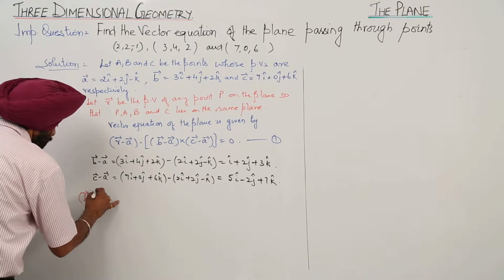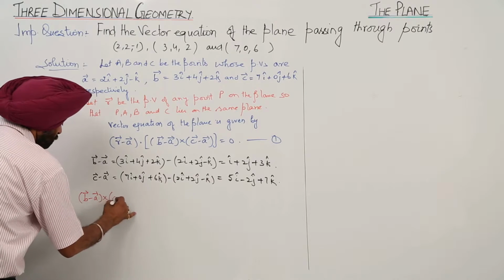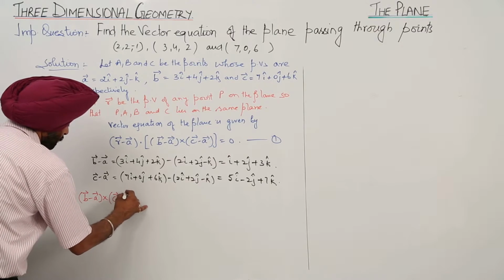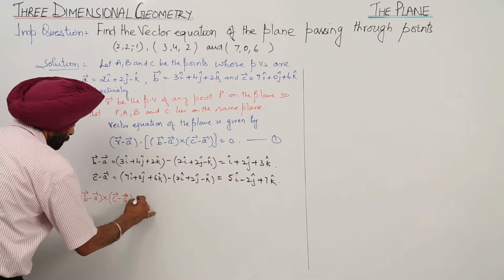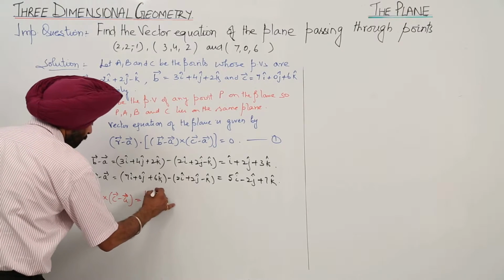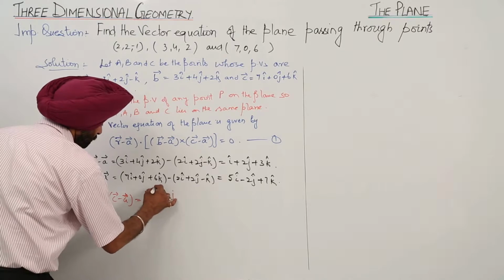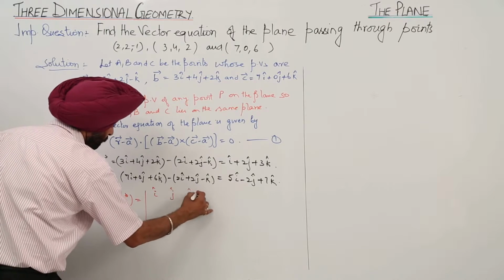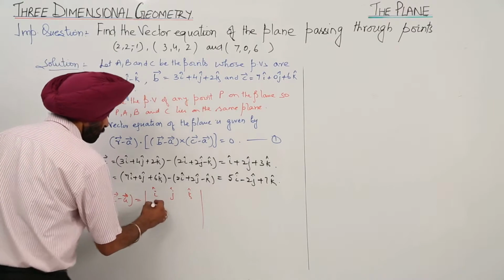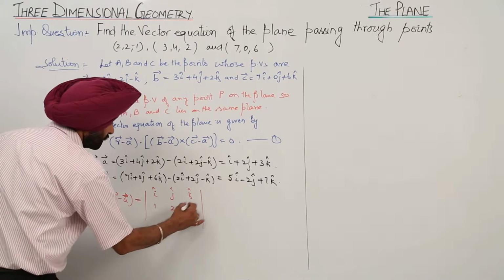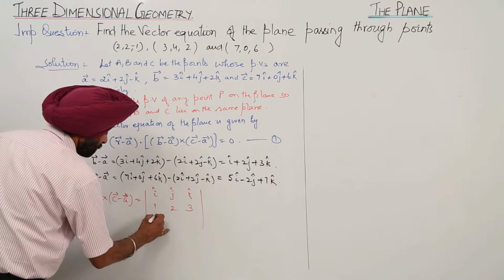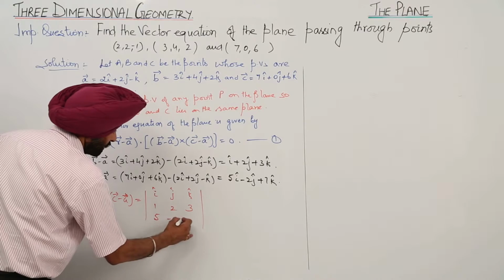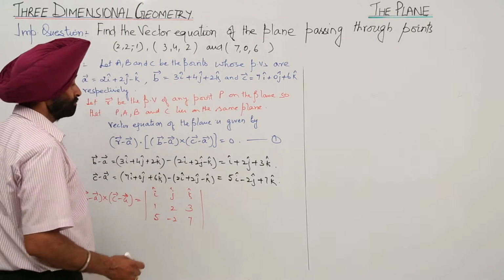Now, vector B minus vector A cross product vector C minus vector A is equal to, now i cap, j cap, k cap with 1, 2, 3 from here and 5, minus 2, 7.